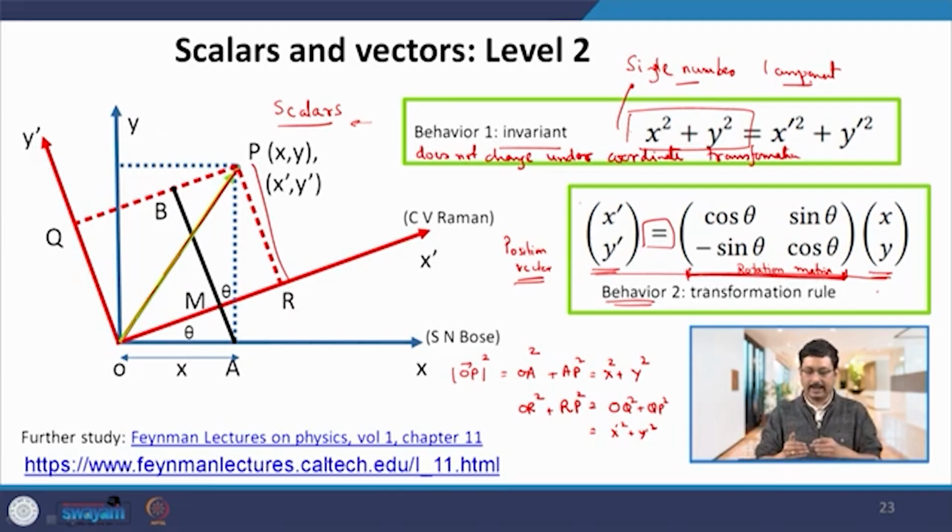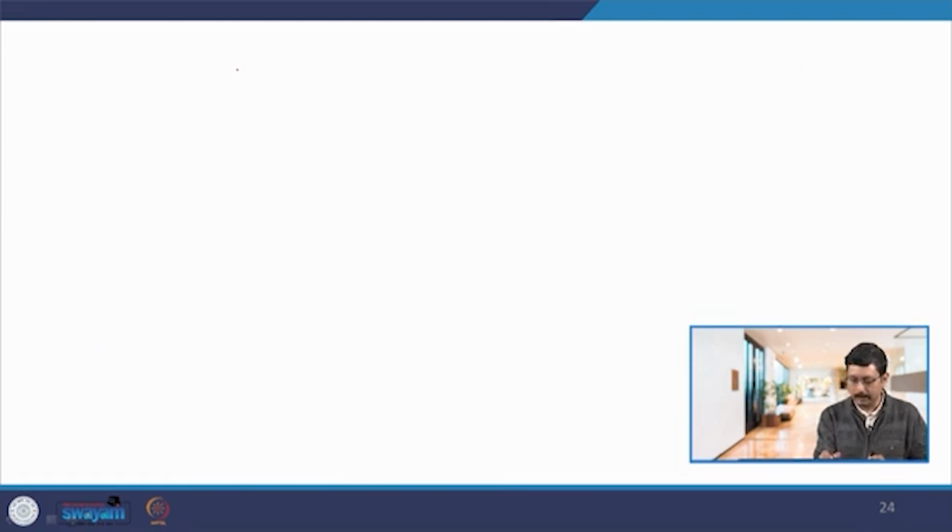The relation of the components in the blue coordinate system and in the red coordinate system has exactly the same form, which means that suppose I take a quantity A whose components are A x prime and A y prime.